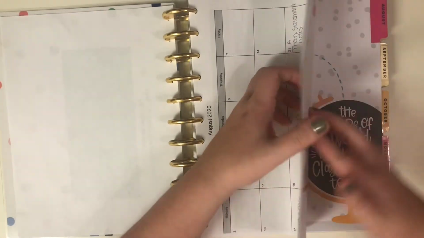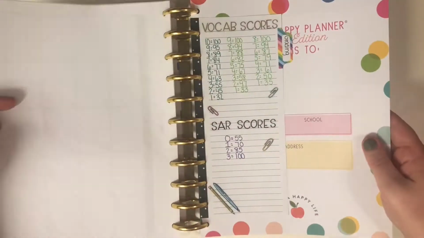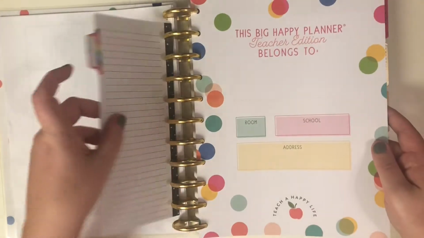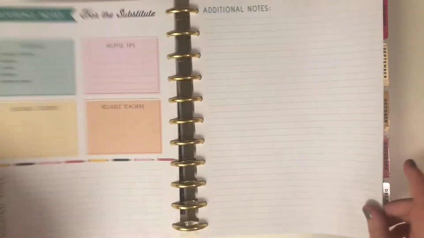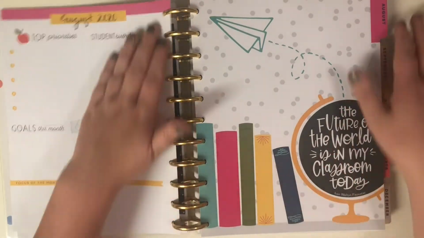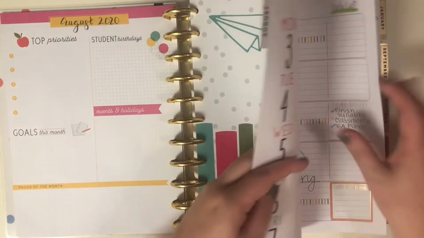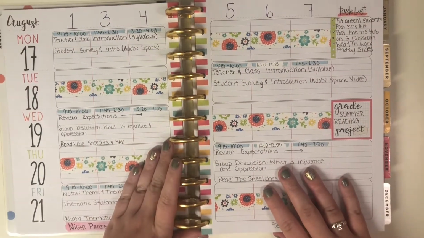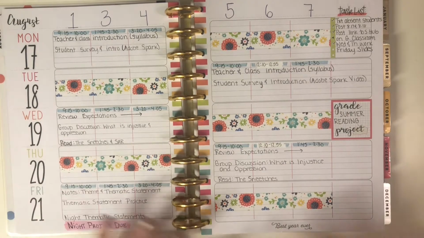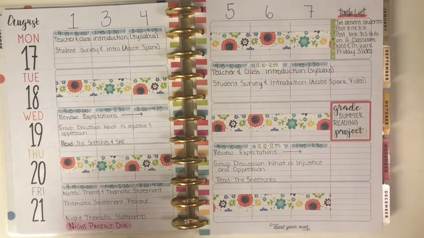And then I have some reference sheets. I haven't even filled this out. And then I go right into the first month. There's no identifying student information in this part, so I can share this.